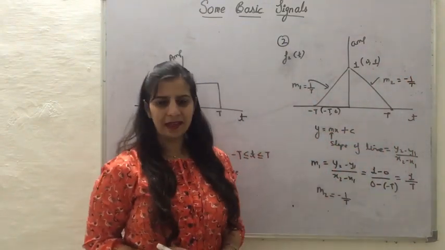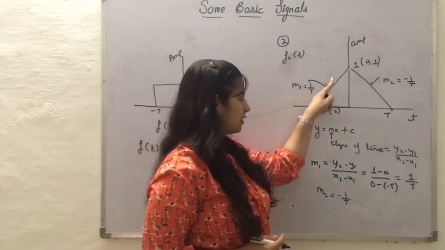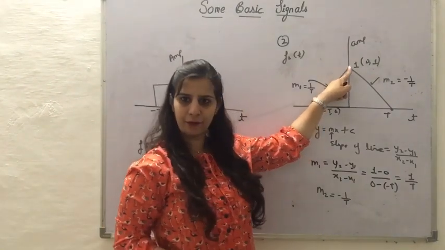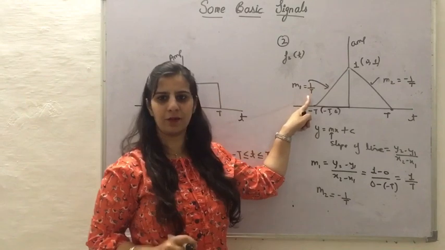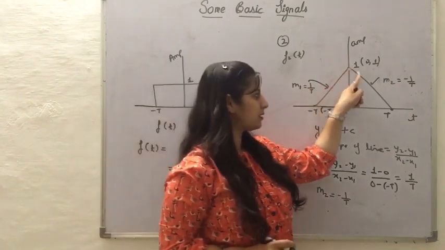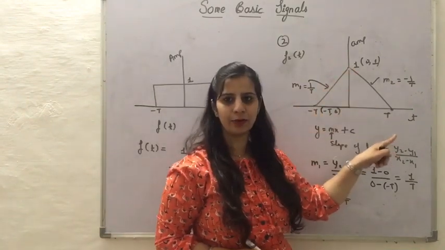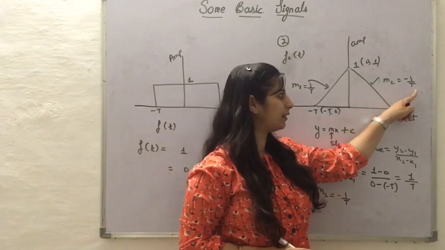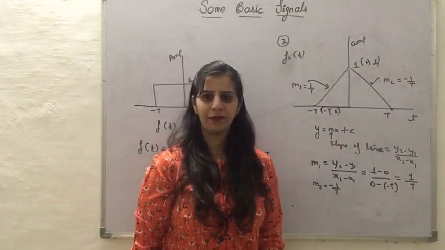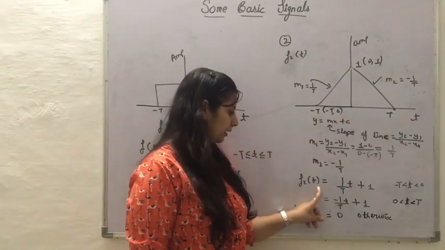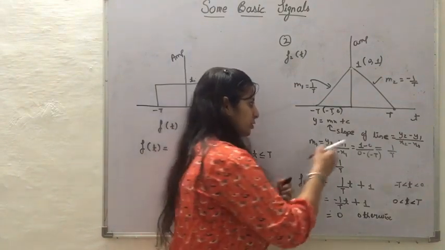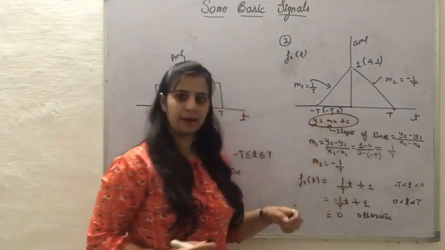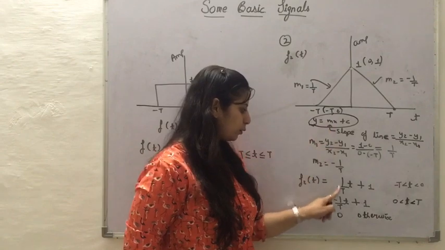The noticeable thing here is this is an increasing slope, therefore the slope is coming out to be positive 1 by t. This is a decreasing slope, that is why it is coming out with a negative sign. The equation of f2 of t will be written using this equation, where in place of m we are substituting the slope.